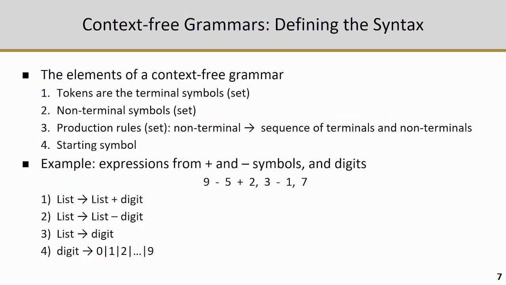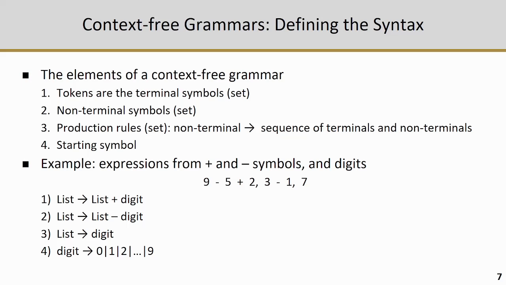How can the syntax be defined? As I mentioned, we are going to apply context-free grammars in a less formal way than we used to during the theory of digital computation.